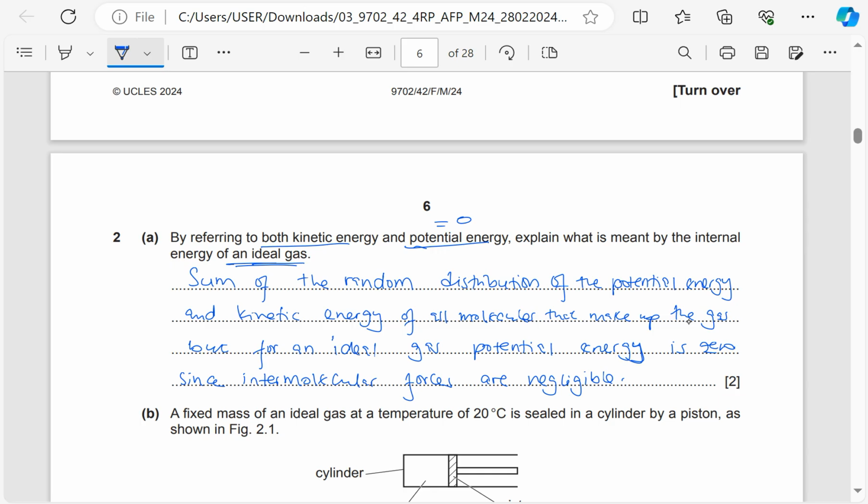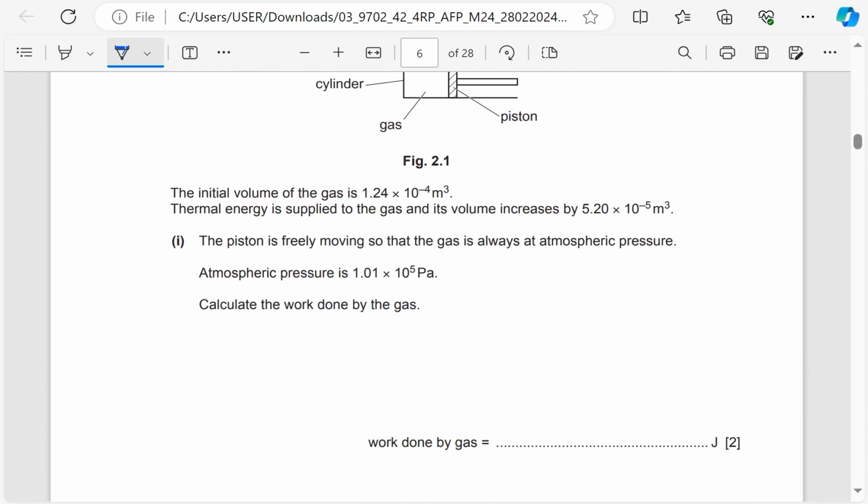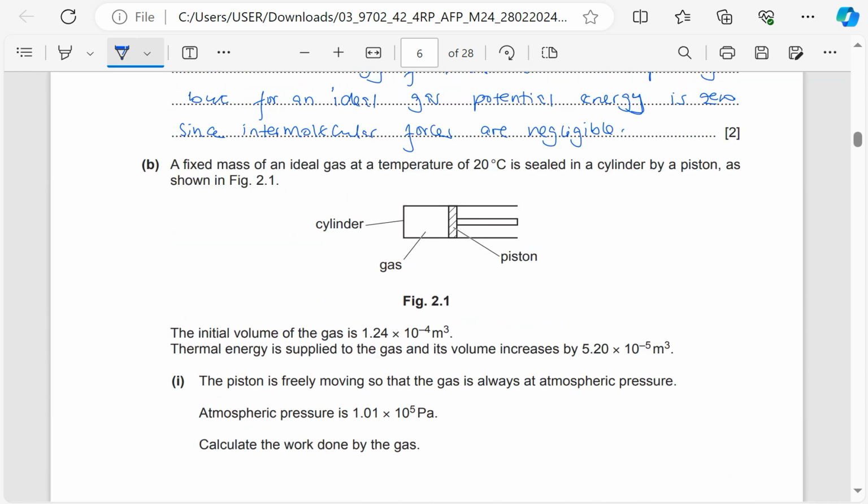The potential energy part depends on the intermolecular forces, and if there are no intermolecular forces, then the potential energy component is 0. So for an ideal gas, internal energy is just the sum of the random distribution of the kinetic energy of all the molecules which make up the system.